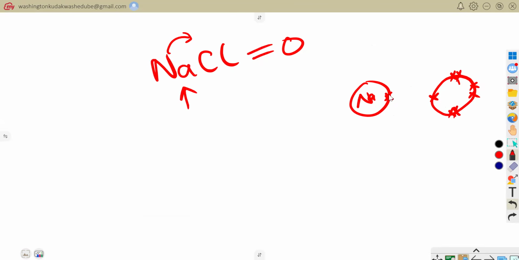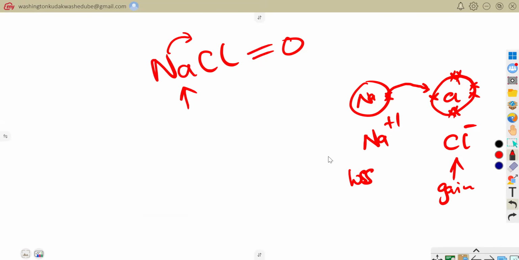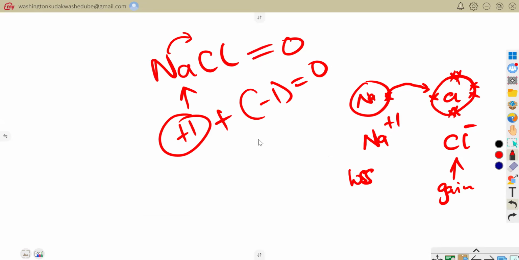According to the octet rule, sodium donates its electron to chlorine, so that it is left with a +1 to show that it has donated or lost an electron. And chlorine would have Cl minus to show that it has gained an electron. So the oxidation number for sodium is +1, and chlorine is -1, which adds up to 0.